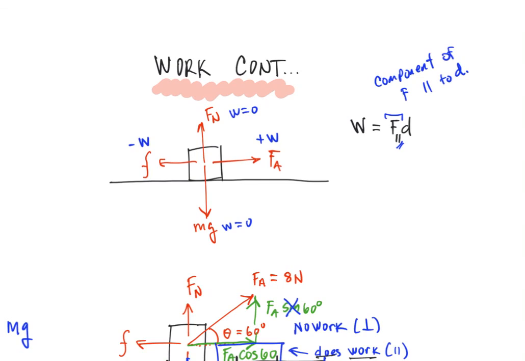When the angle is bigger than 90 degrees, that would be whenever the force is going backwards, any angle bigger than 90 degrees. So if the force were headed in this direction or straight back, the angle is bigger than 90 degrees, you're going to get a negative work value. If it's less than 90 degrees, so if it's this way or that way, you're going to get a positive work value. And then, of course, when it's 90 degrees, you get a 0 work value, so that's consistent. This equation is consistent with what we already learned.